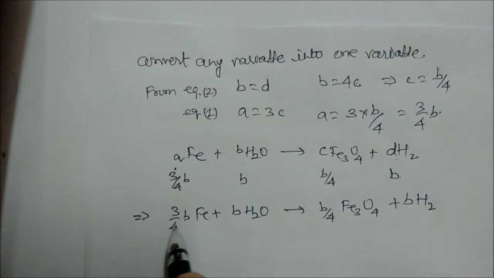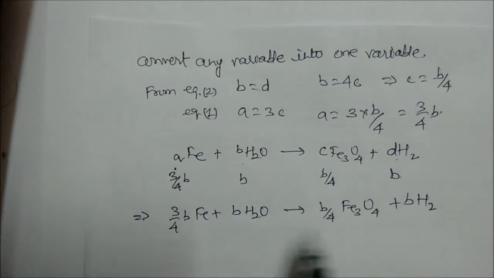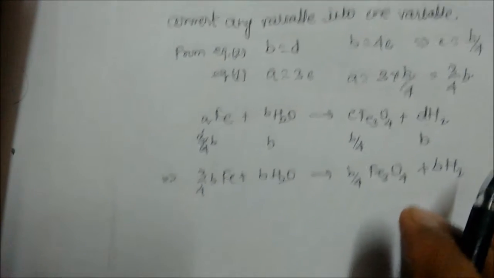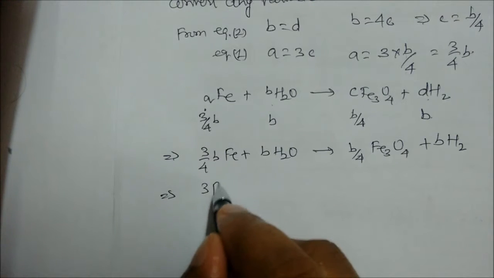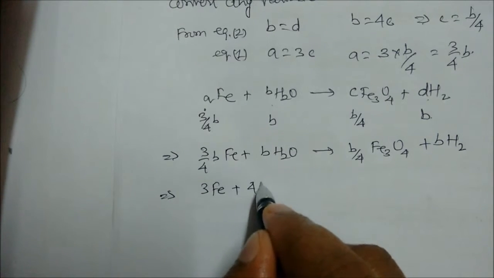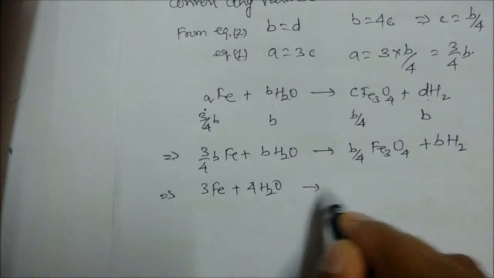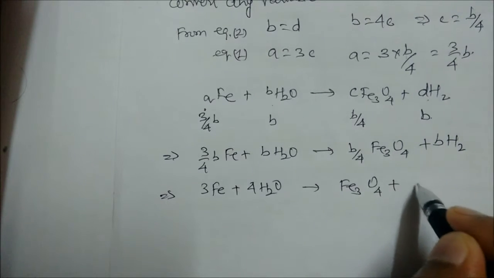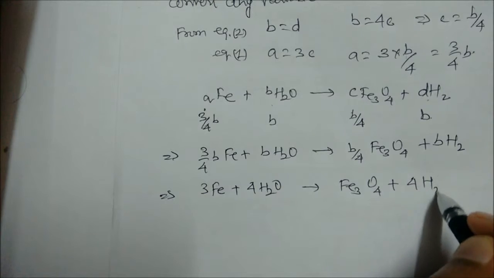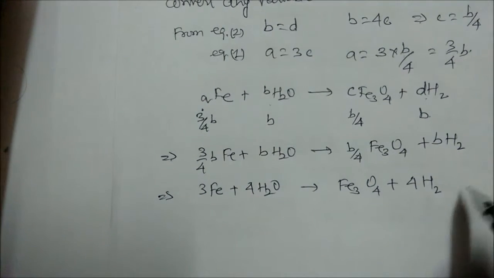Okay, so we can cancel B, and 4 is the common factor, so we take the LCM. By taking LCM we get 3 iron, 4 water gives Fe3O4 plus 4H2, which is nothing but the previous equation.